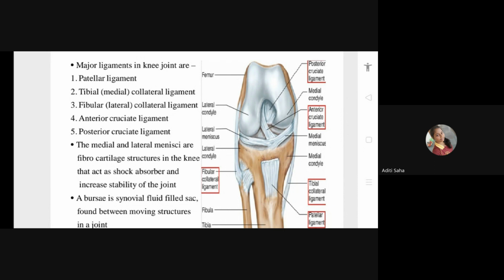First of all, does anyone of you know what a ligament is? Please tell me. Ma'am, bone to bone.